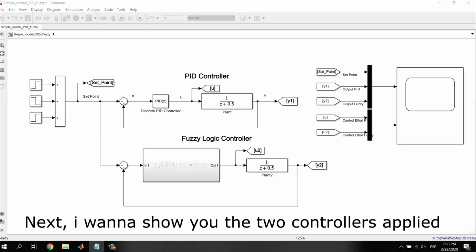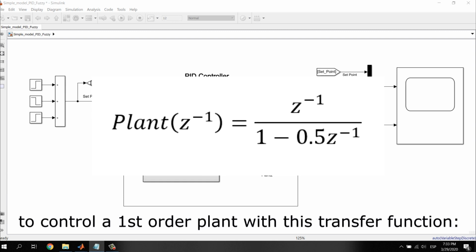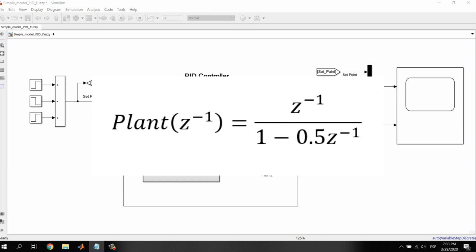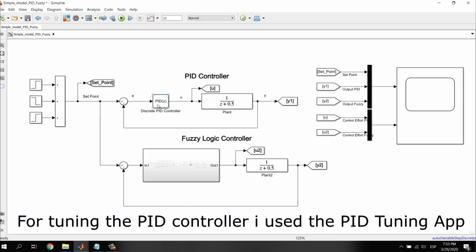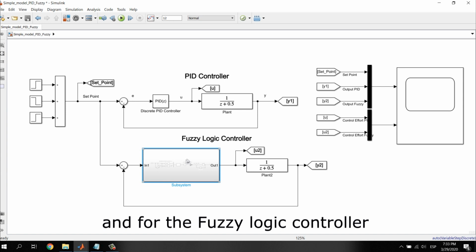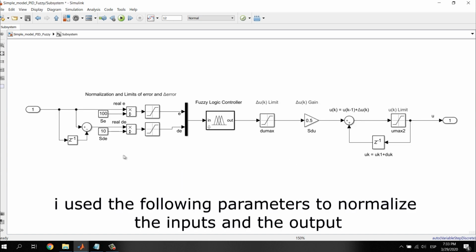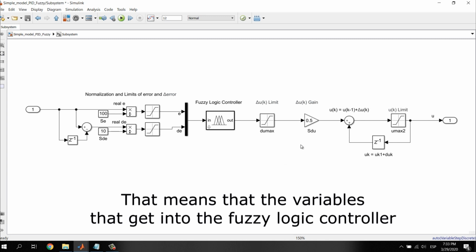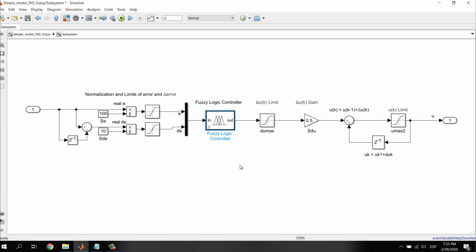Next, I want to show you the two controllers applied to control a first order plant with this transfer function. For tuning the PID controller, I use the PID tuning app, and for the fuzzy logic controller, I use the following parameters to normalize the inputs and the output. That means that the variables that get into the fuzzy logic controller are normalized and limited.